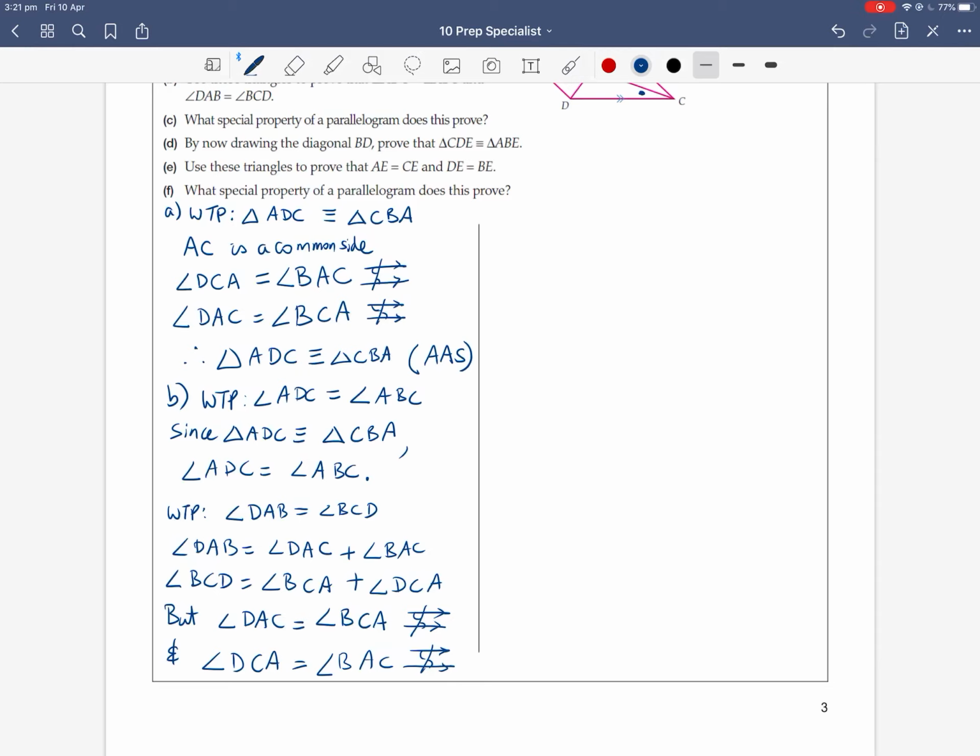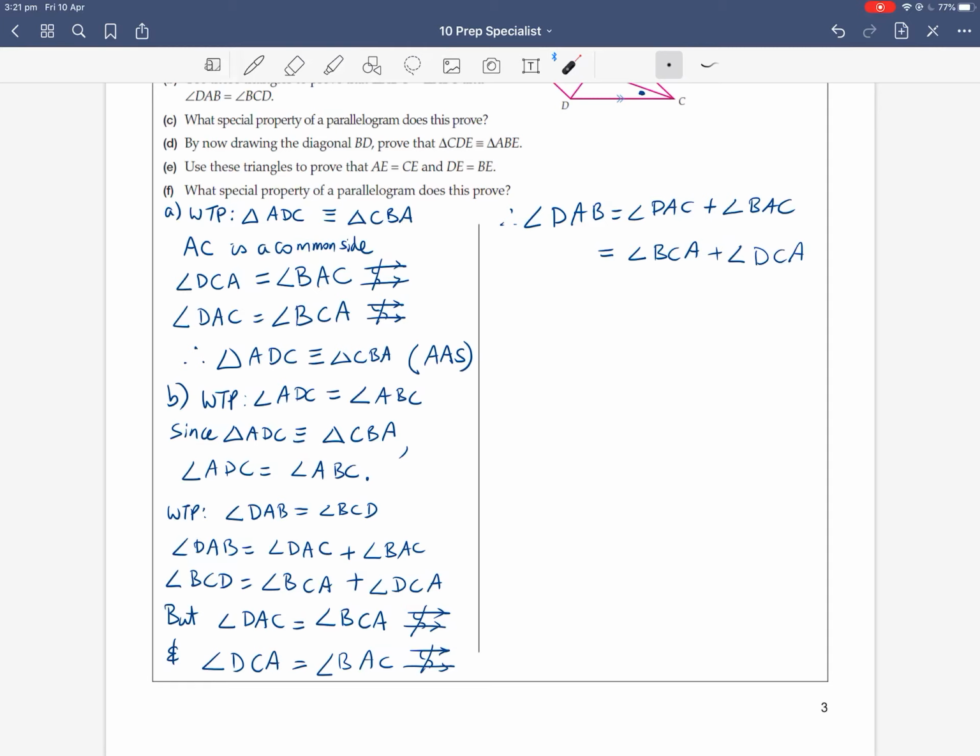And because they're the same, we can say that therefore angle DAB, which we broke down to angle DAC and angle BAC, becomes angle BCA and angle DCA, because we saw down here that they're the same angles.